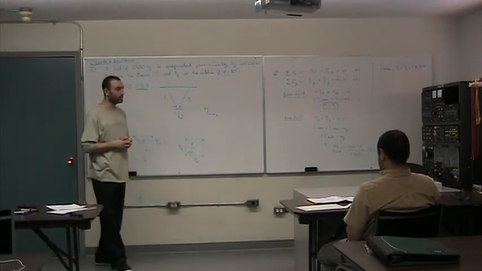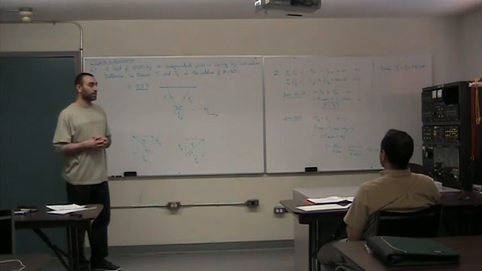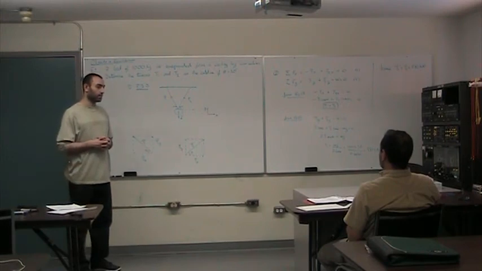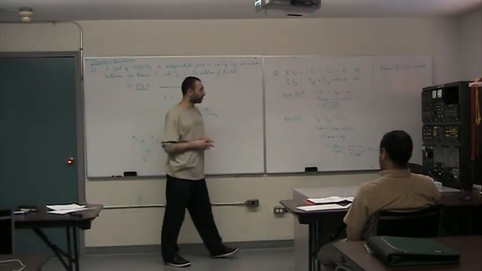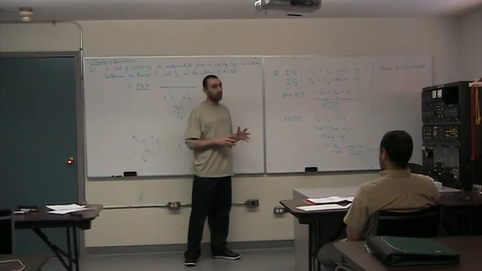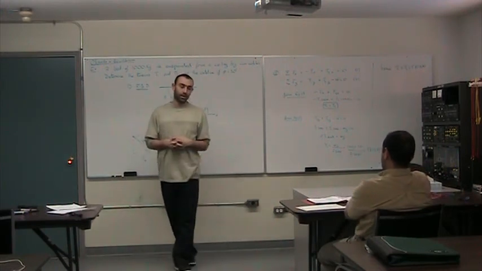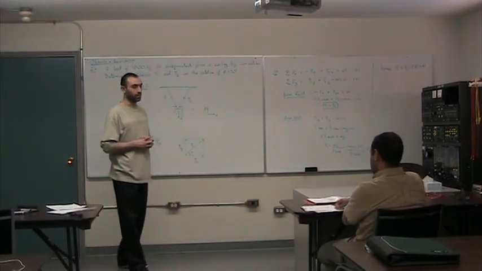Now, can you please tell me what would be the third step in solving the problem? Solve the equations for the unknowns. Yes, solve the equations. It would basically be using algebra in order to find the unknowns, and in this case, it would be the tensions in the ropes.